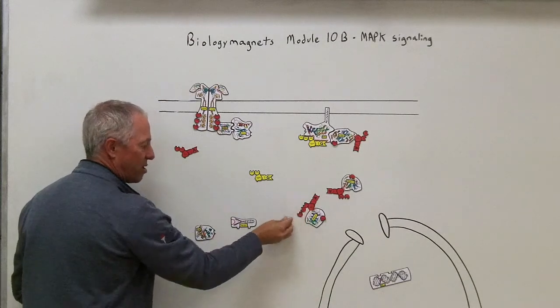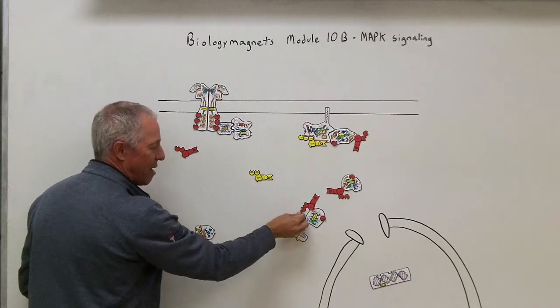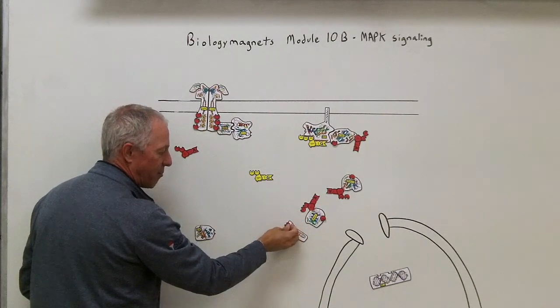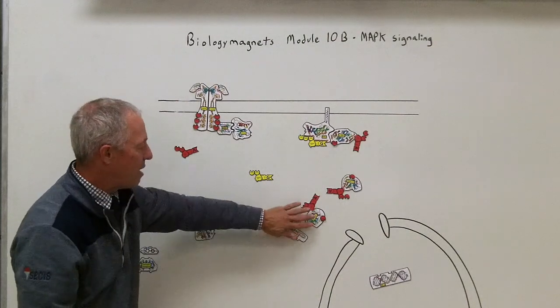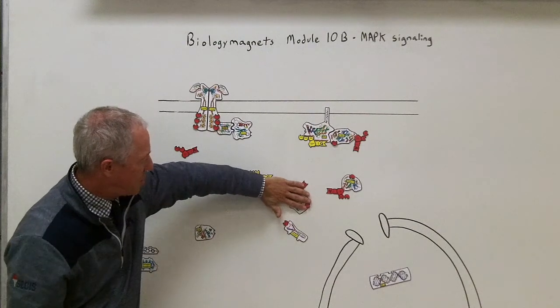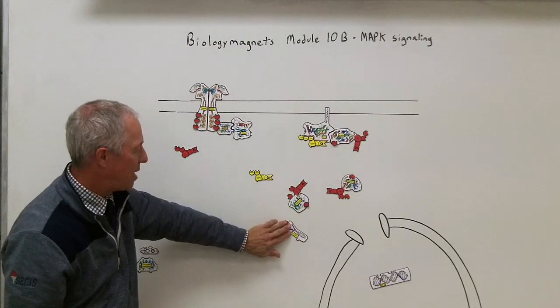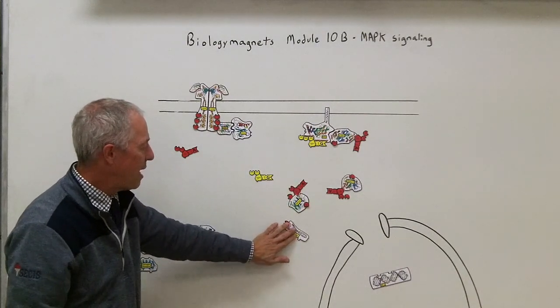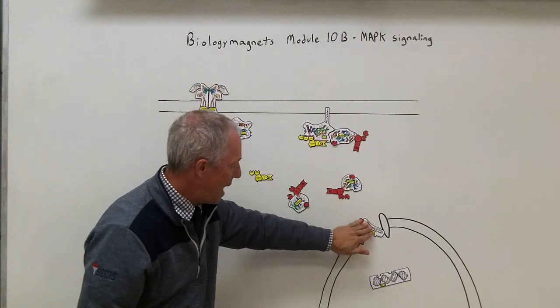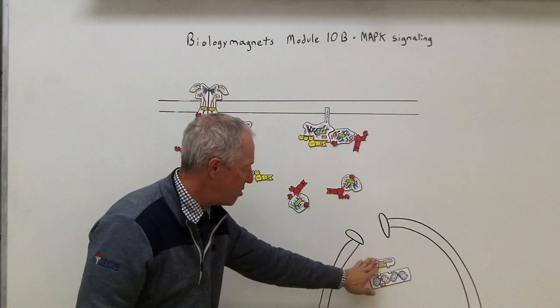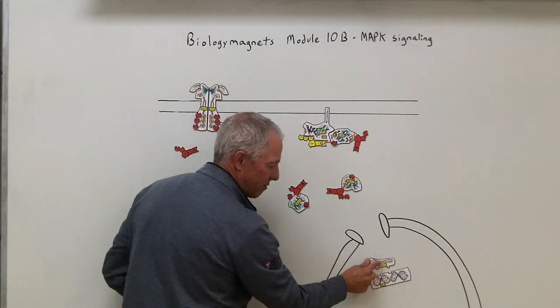And this ERK1 and 2 can phosphorylate this transcription factor. It's called Phos-Jun. And once the Phos-Jun transcription factor is phosphorylated, it can enter the nucleus and bind to the DNA in the nucleus.